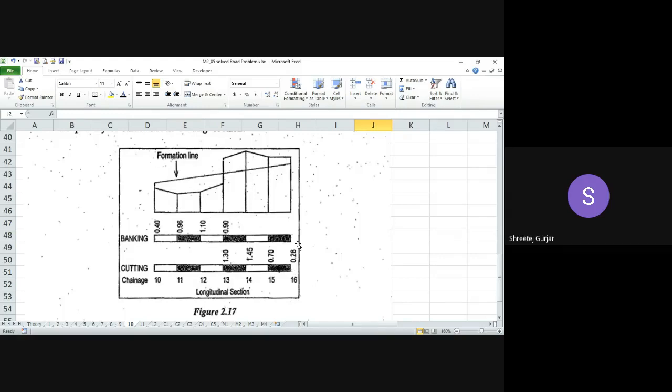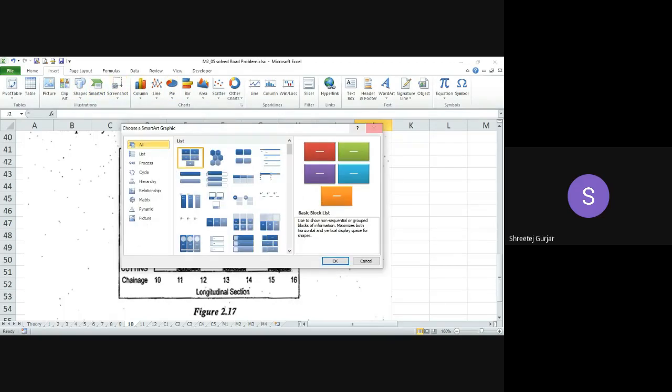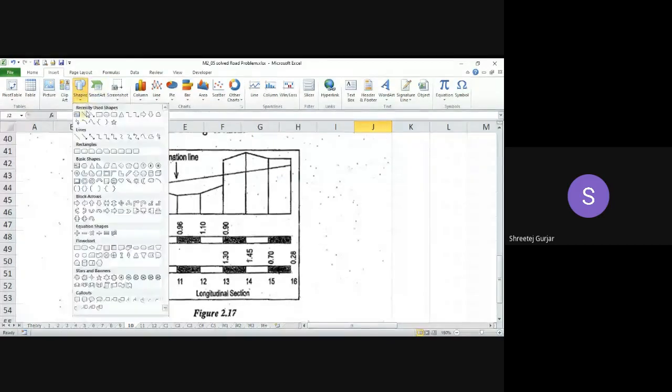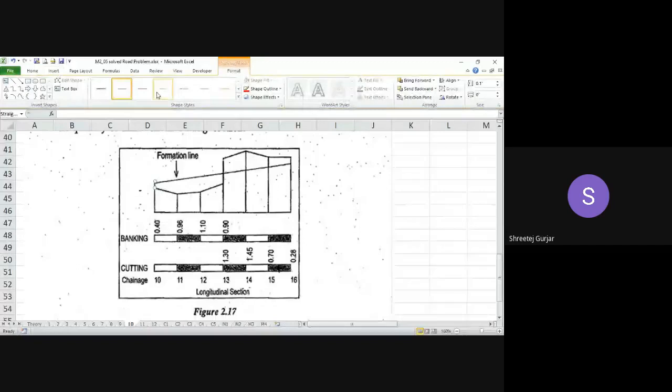Sorry, it is not 0.4 above. It is this depth. Let me mark exactly which depth it is. From here to here, it is this depth.